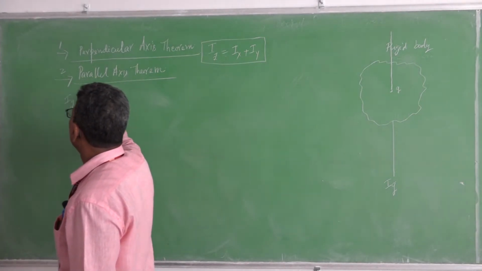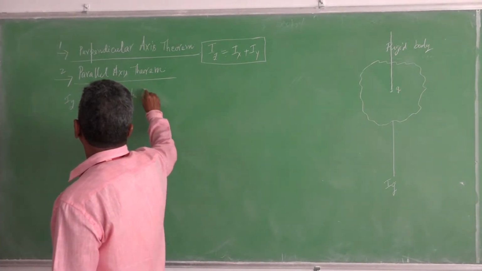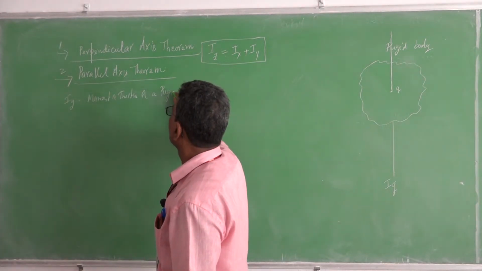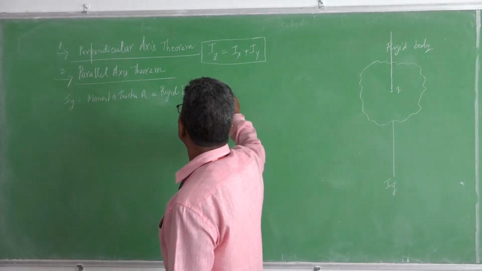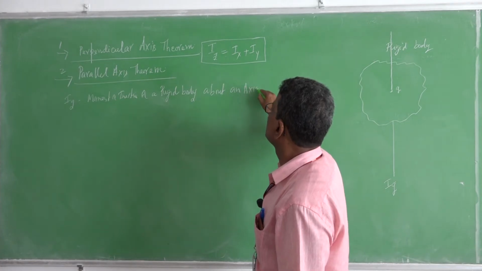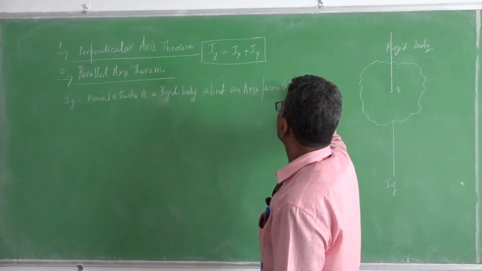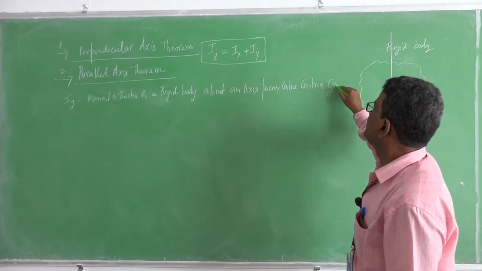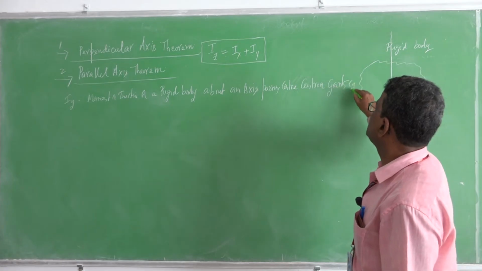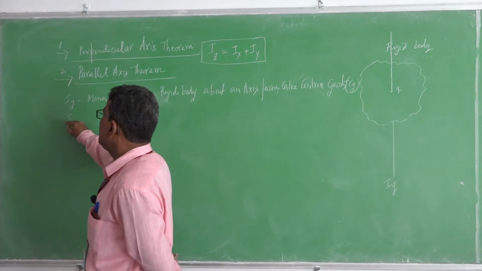Iz is the moment of inertia of a rigid body about an axis passing through the center of gravity, that is CG. Okay, let it be Iz.